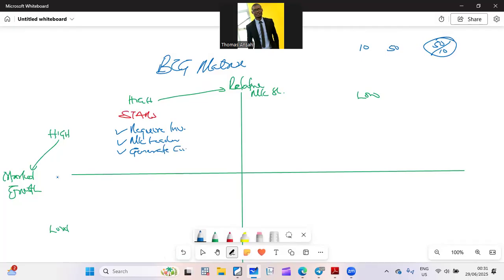They generate cash. All right, but the money that you get needs to go into improving your maximization of the market share. So here, the cash that you generate is equal to the cash you consume.